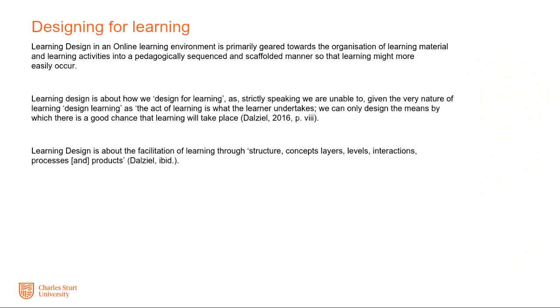So again, what we're trying to do in the project that I'm in charge of at Charles Sturt University is the pedagogical sequencing and scaffolding of learning to make learning more possible. Learning design is really about design for learning. We can't specifically design learning, because the act of learning is a very individual piece, but we can certainly do a lot of things to make learning possible.